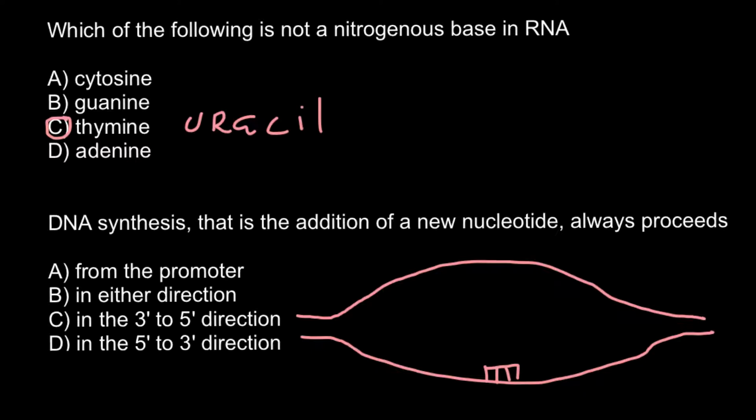For example, if this primer has its 5' end here and 3' end here, the growth would be continuous from the 5' end to the 3' end, and would be discontinuous in the other direction. It still would be in the same direction from 5' end to 3' end, but we would call such a strand, such a direction, the lagging strand.